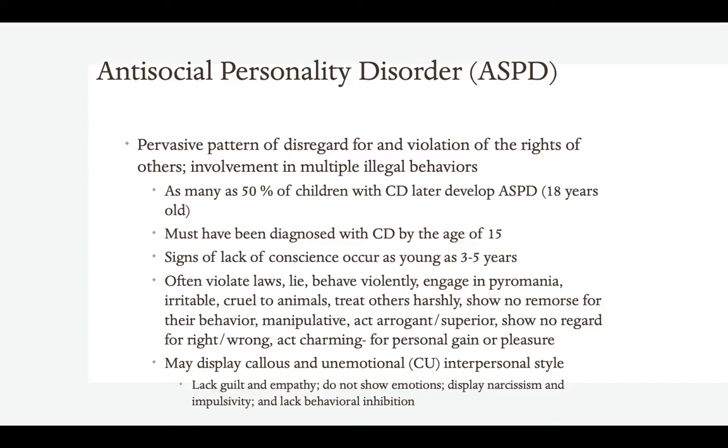Those with antisocial personality disorder are often described with the term psychopath. A psychopath tends to have a very cold heart, uses aggression in a planned way to get what they want, and is very calculated in their moves.